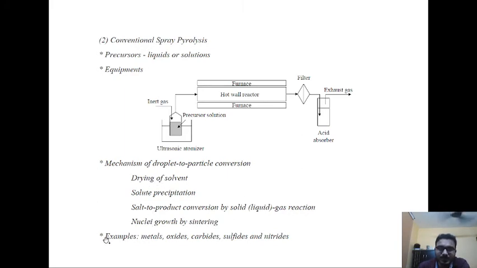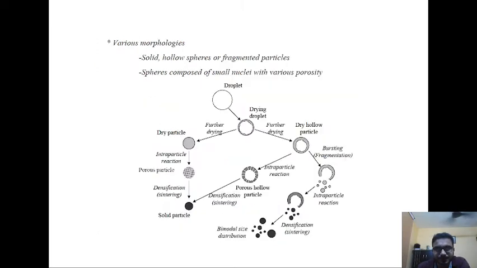There are a few examples of this spray pyrolysis: metals, oxides, carbides, sulfides and nitrates. Then we have various morphologies: solid, hollow spheres or fragmented particles, and spheres composed of small nuclei with various porosity.